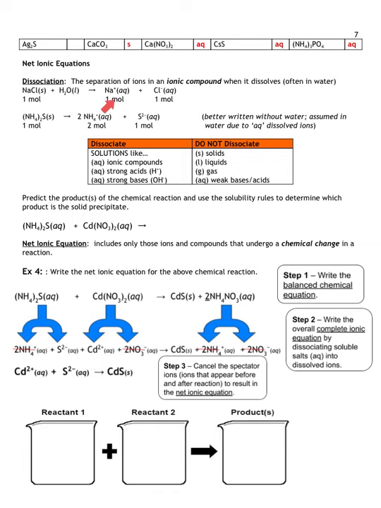Now, you're going, this doesn't look like a balanced equation, and that's why the better way to write the dissociation of an ionic compound is to focus on the ionic compound and say that 1 mole of this ionic compound breaks up into these two dissociated pieces. Now, really, it's actually 3 dissociated pieces, 2 moles of ammonium ions, and then 1 mole of sulfide ion. So these are the 3 total dissociated ions that are coming off of ammonium sulfide.